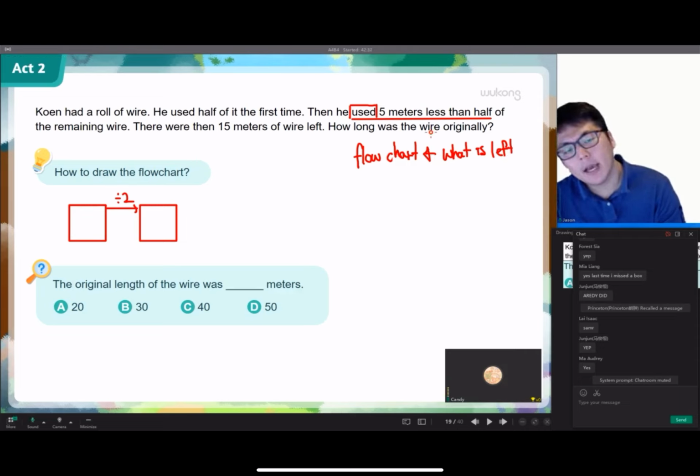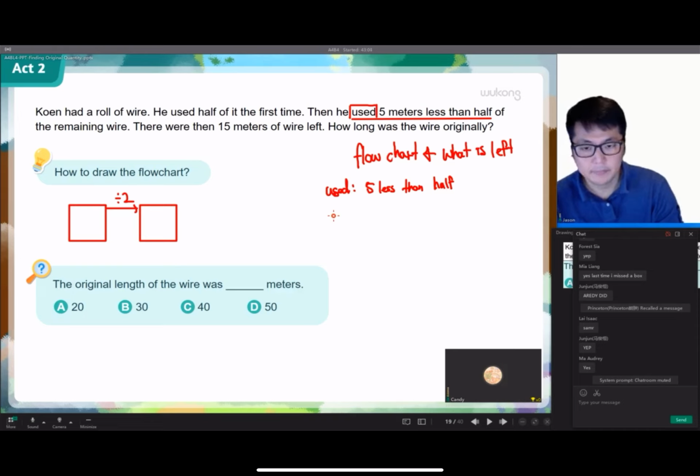So, how much is left if you used 5 meters less than half? 5 meters less than half. So if you used 5 less than half, so is it like divided by 2 then minus 5?